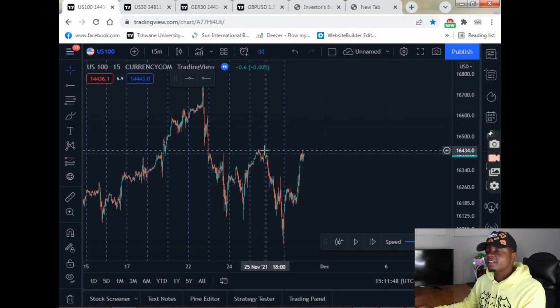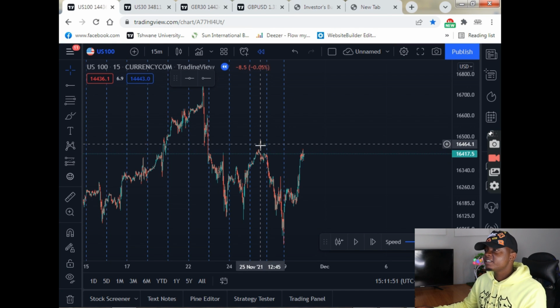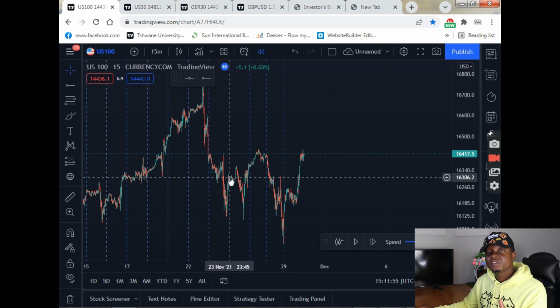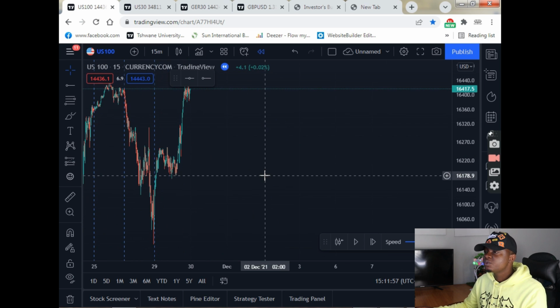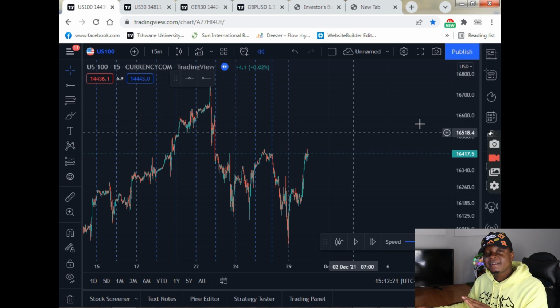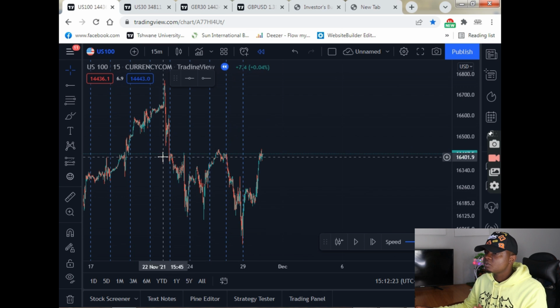Because this market here, US 100, US 30, actually the whole forex market, moves for a reason. Every time it goes up or down, there must be a valid reason. If we didn't have news at all, the market was just going to range.